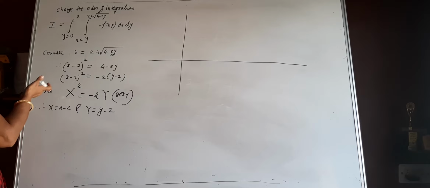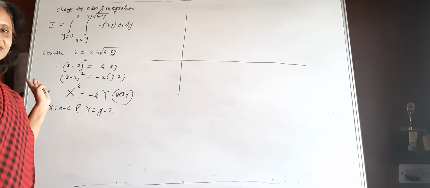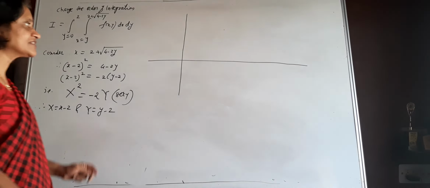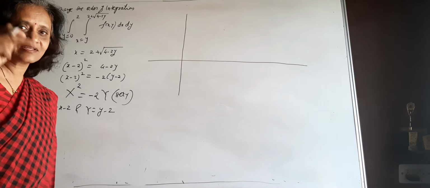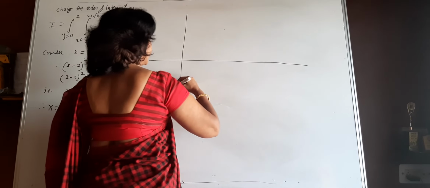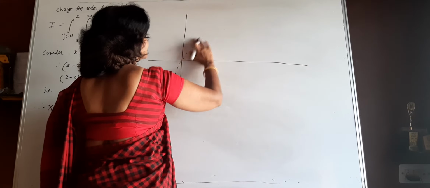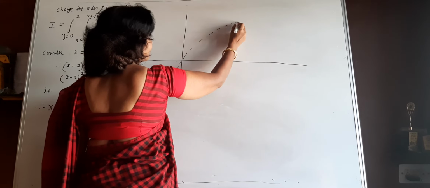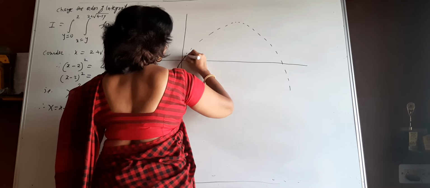Put x equal to 0, y equal to 0, and you can say the equation is satisfied. LHS equals RHS. So this is a parabola where the origin 0, 0 lies on the parabola. It's a parabola passing through the origin. So let's sketch this. It is something of this type.